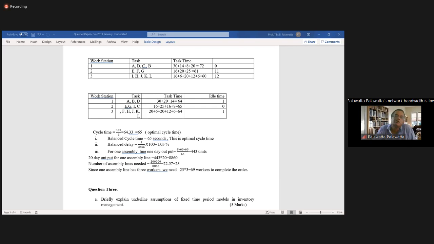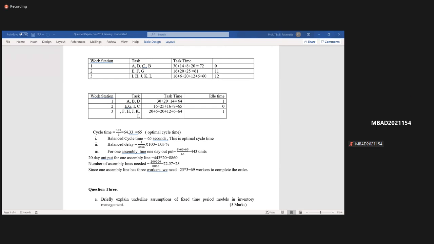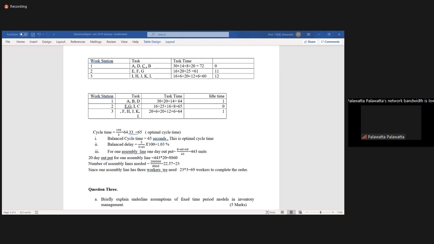And then you divide 200,000 by 8,000. So when you divide 200,000 by 8,000, you get 25.